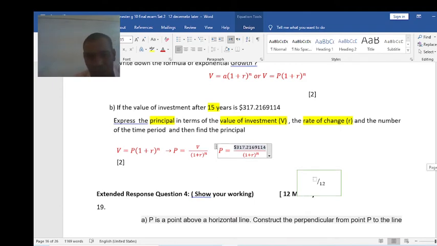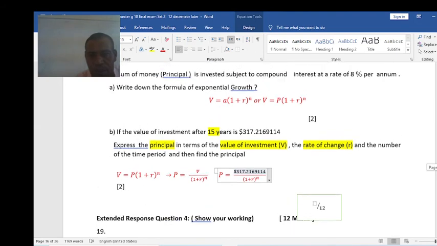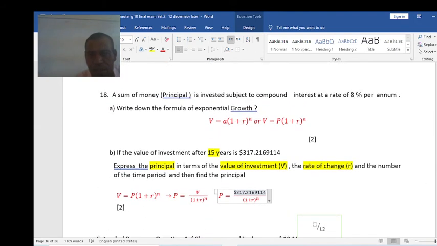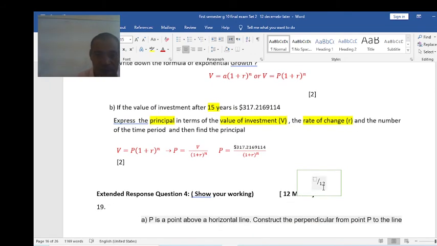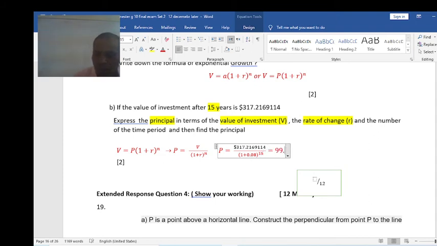If you go up, yes, this is the rate, 0.08, 8%. You add also the power 15, the number of years. The answer will be approximately 99 point something, so it will be $100.